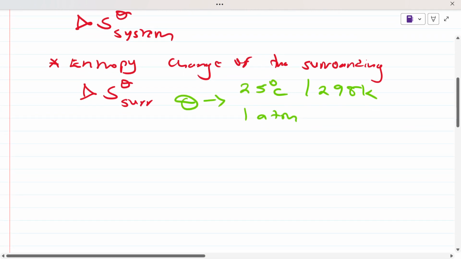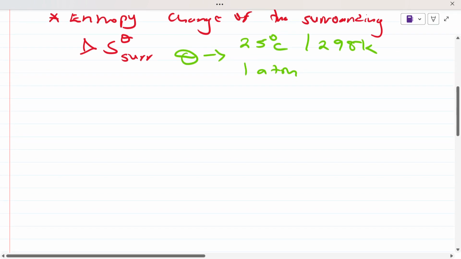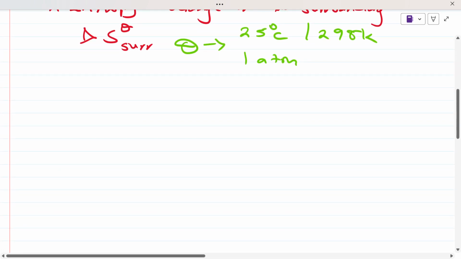Now, in this video, I'm going to focus much on calculation of total entropy of a system. Now, a system here is just the chemical substances undergoing a reaction.